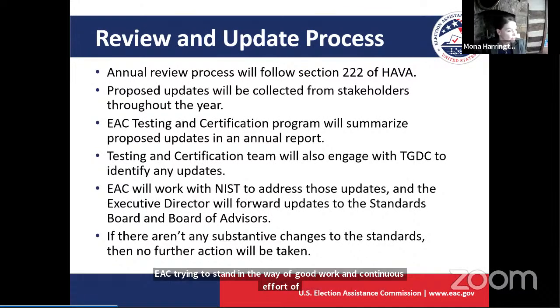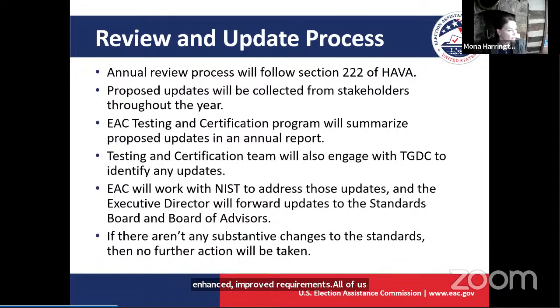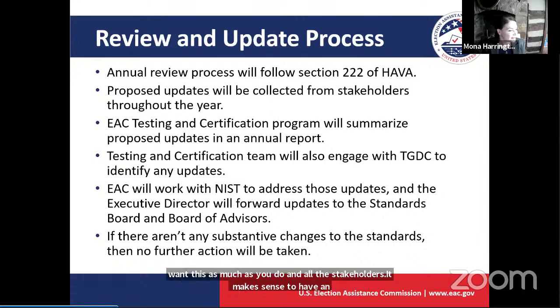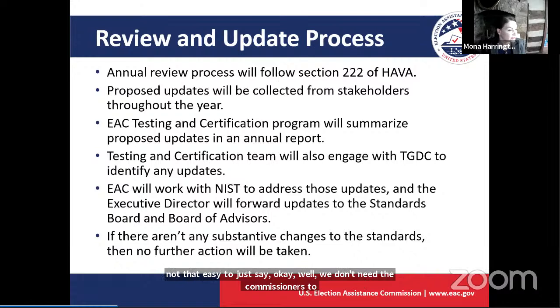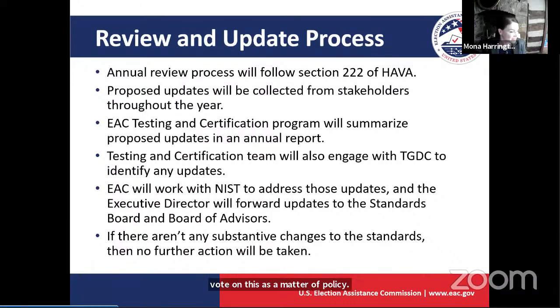All of us want this as much as you do and all the stakeholders. It makes sense to have an agile, resilient process that keeps things updated, but it's not that easy to just say, okay, we don't need the commissioners to vote on this as a matter of policy. We run into potential legal challenges, and federal compliance is definitely something that our IG and other auditing type federal agencies such as GAO check on.